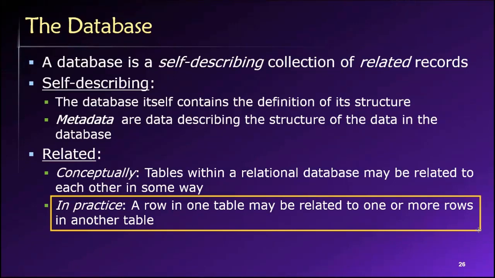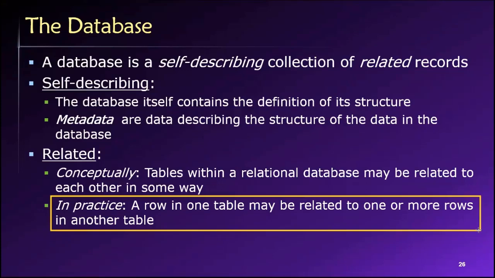If we have a department table and an employee table, and we want to record the department in which each employee works, assuming that we have some unique identifier for each department, say a department ID, then we would add a department ID column into our employee table.